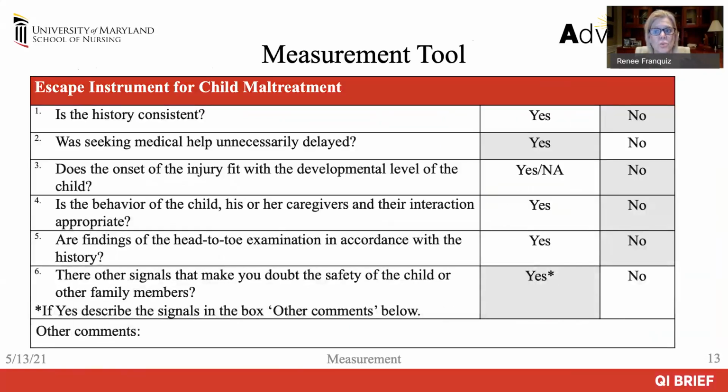Valid measurement tools or instruments are an essential component of a trustworthy quality improvement initiative. In our case study, Delta Hospital conducted a literature review and identified this 6-item measure for their initiative known as the ESCAPE instrument.